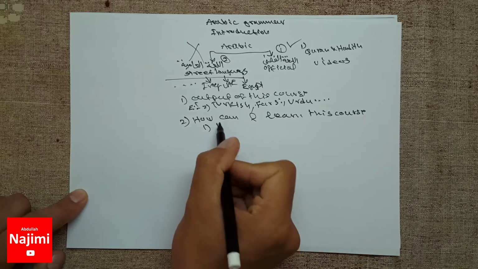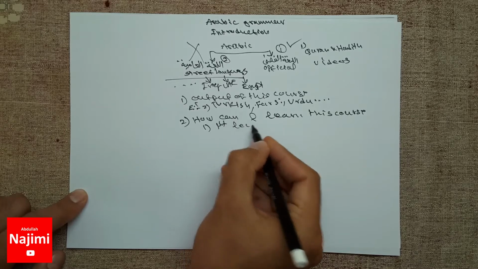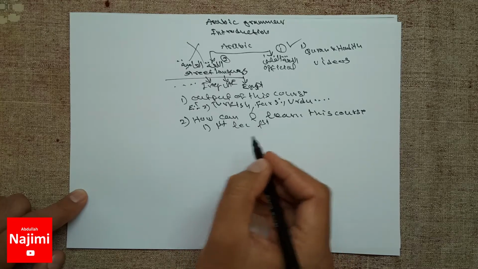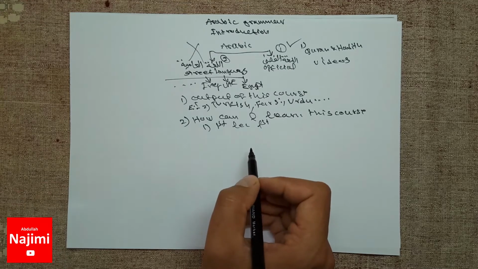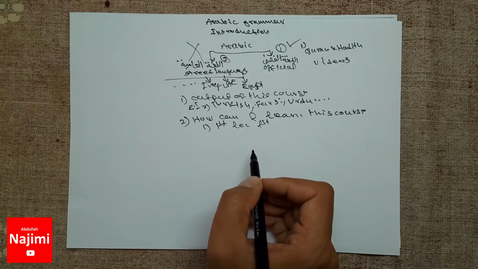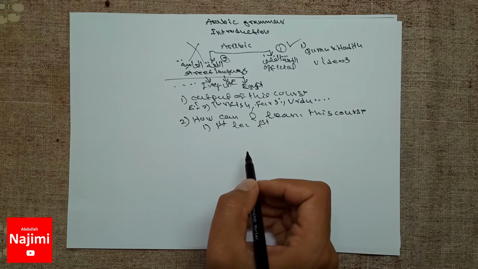The first one: lecture first. It means whenever we study a lecture, you should study it well, and you should make sure yourself that you have covered that lecture, and then you should come to the next lecture.